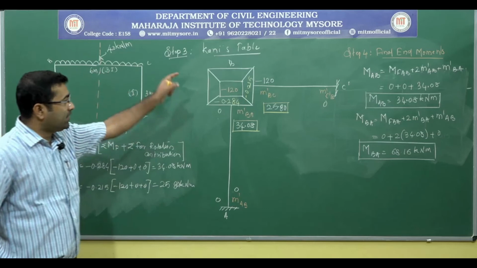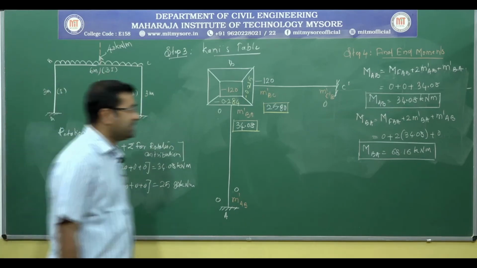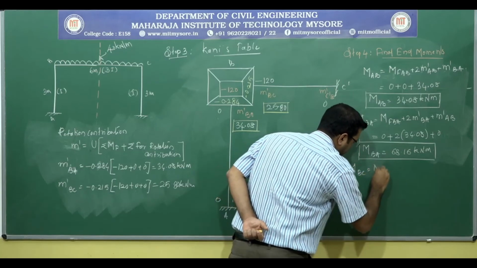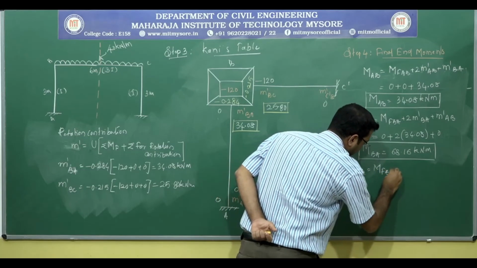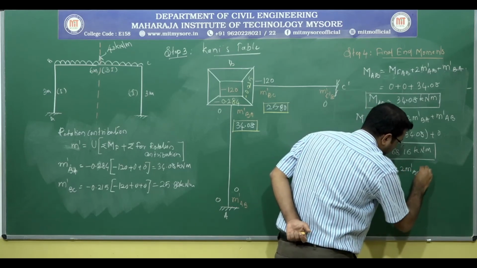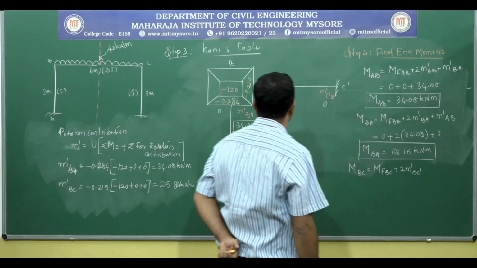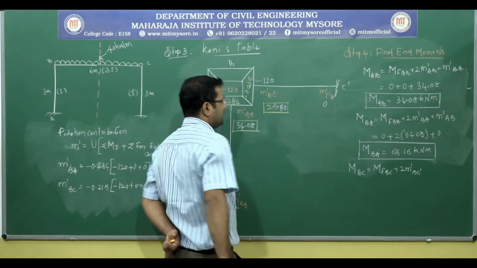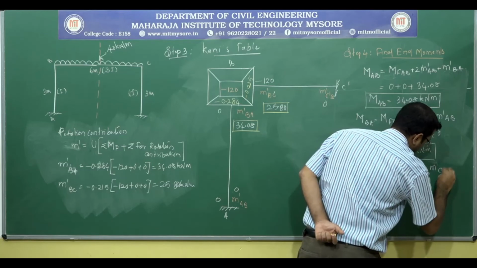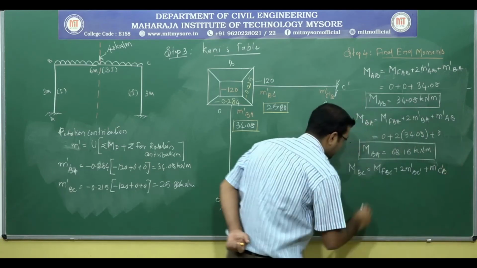Now, the next one, that is MBC, we need to work out. MBC is equal to MFBC plus 2 times M dash BC plus M dash CB.